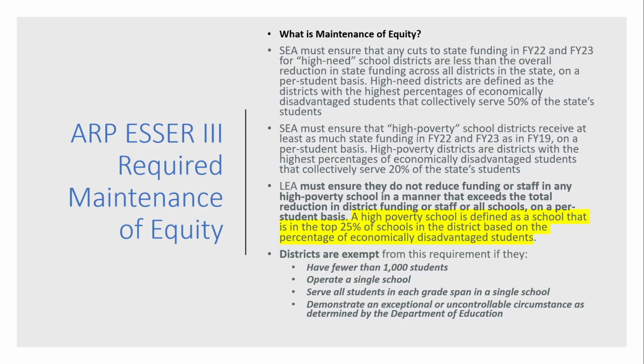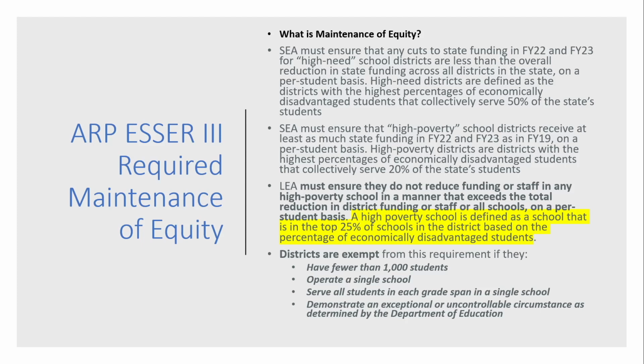Okay. So one of the other things I wanted to mention is that while we're talking about maintenance of equity, one of the challenges that we are concerned about, and we have been speaking to MDE and Treasury about, is that we also have a maintenance of effort that we must adhere to, and that requires that we utilize 90% of our state and local funds to contribute to the expenses that we have as a district.